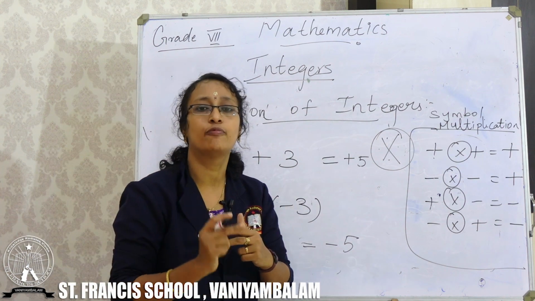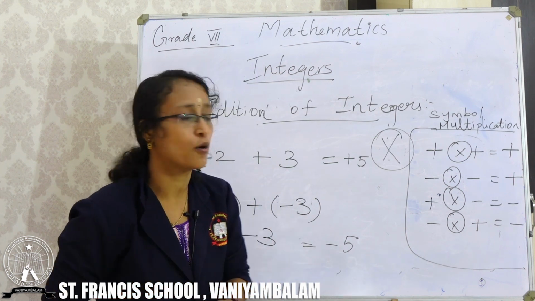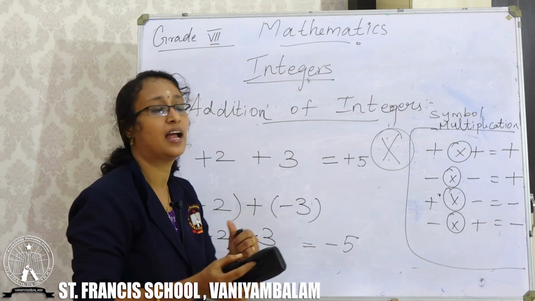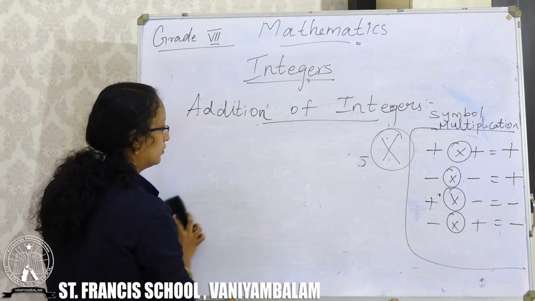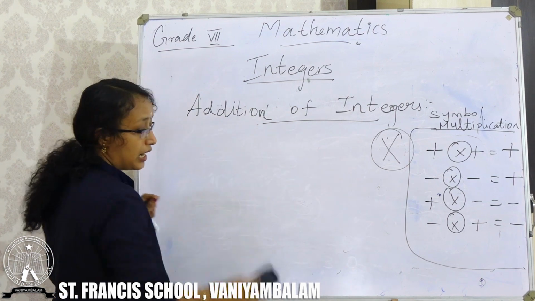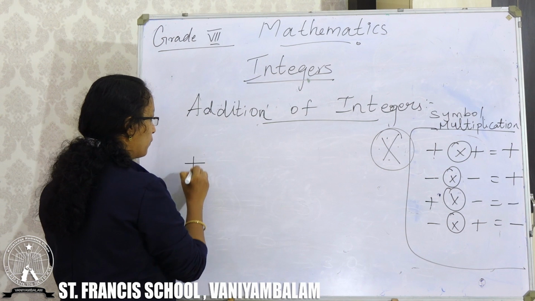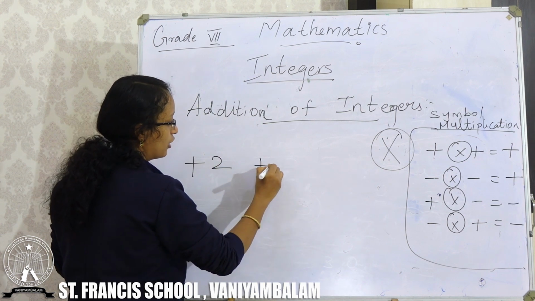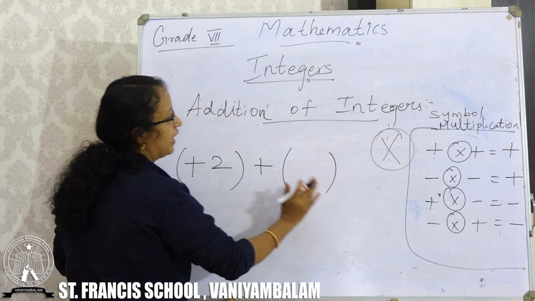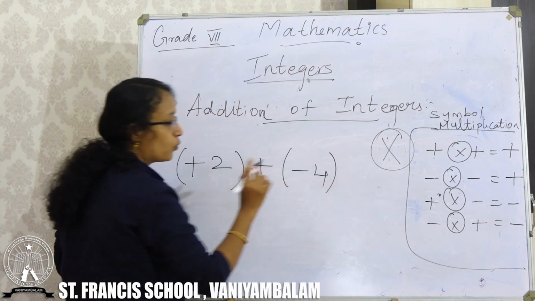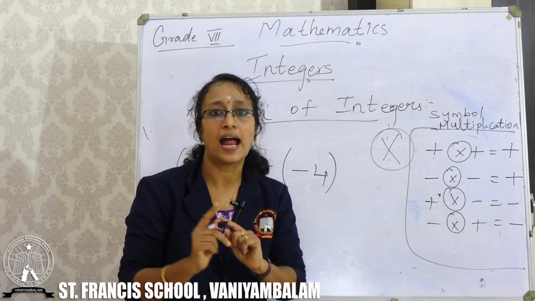Now, addition of positive and negative integers. I am going to take one negative integer and one positive integer and add both.